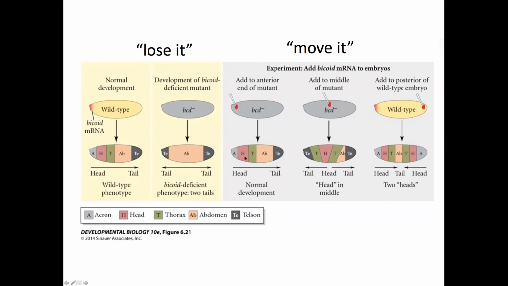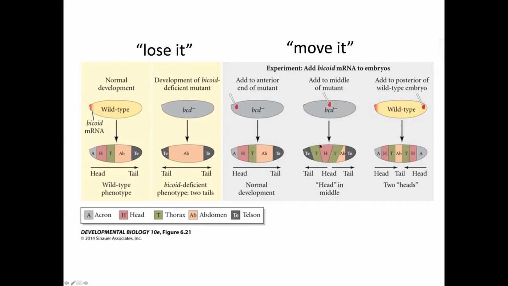Now the next thing that they did was to ask if they could replace identity by injecting Bicoid anywhere. So then they injected into the middle of the embryo where you would actually normally see an abdomen. What they found is where they injected, the head structures were seen to develop. Which meant that the area which sees the highest concentration of Bicoid is always going to get a head identity.